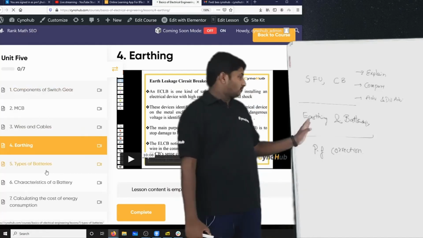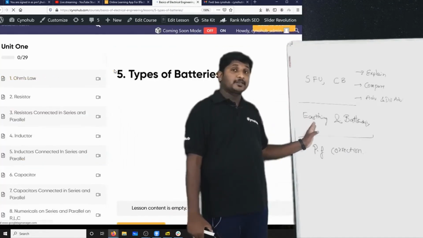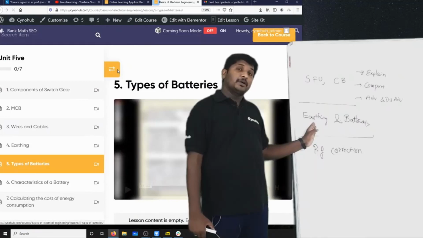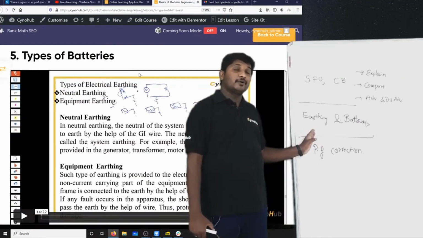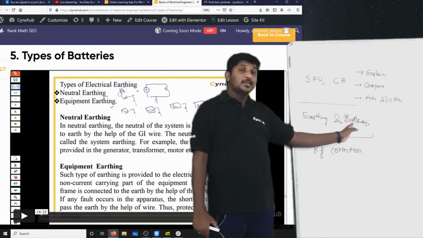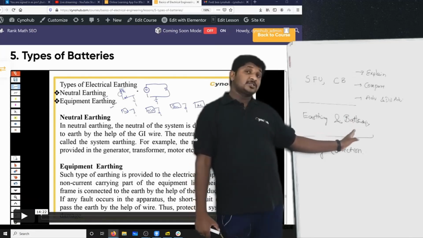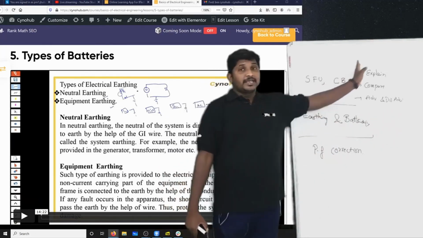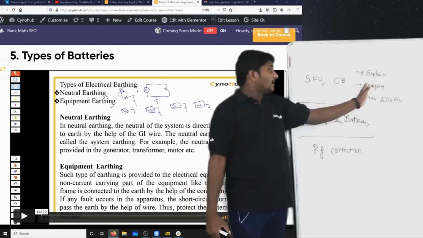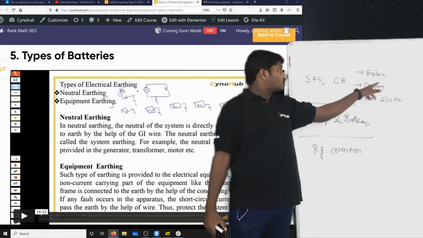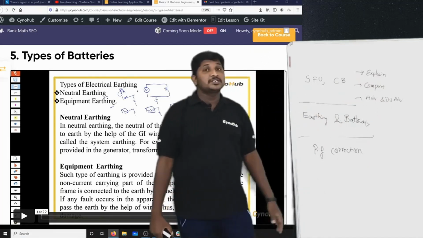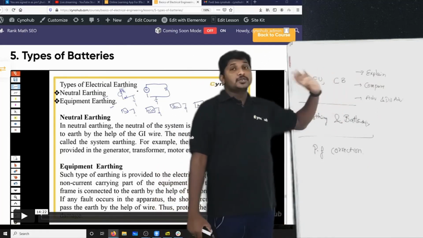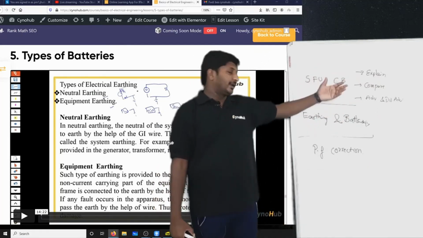Okay, so I am repeating: from earthing, advantages or purpose of earthing or methods of earthing, and here characteristics of batteries and classification of batteries. So what about the first part? Explanation of that particular instrument, comparison of two or more instruments, and advantages and disadvantages of those instruments or equipment.